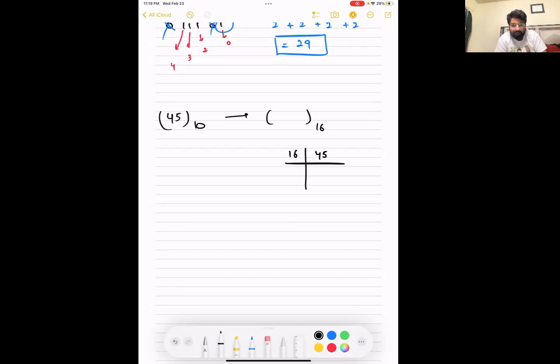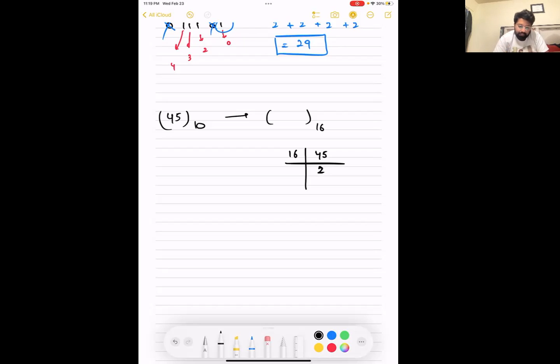Now if you divide 45 by 16 on your calculator, that gives me 2.8125. But we don't care about anything beyond the decimal point. So I'm gonna just write 2 here.